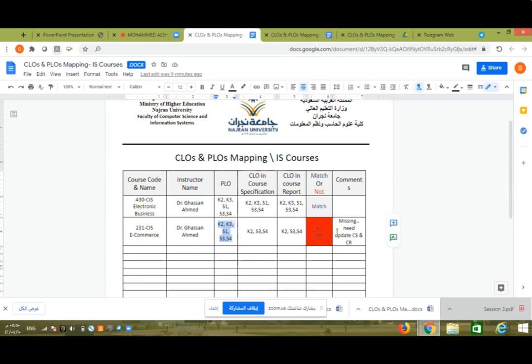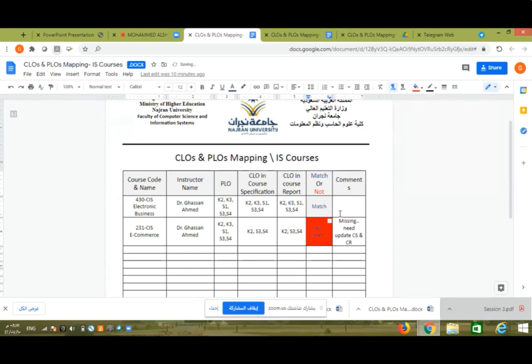And you may find a difference. Hopefully, we will not, because we have already asked many times that you need to update your course specification. But anyhow, let's say something is missing, or you updated something different in an old file. You should write "not match" as an instructor, and put it in red color.